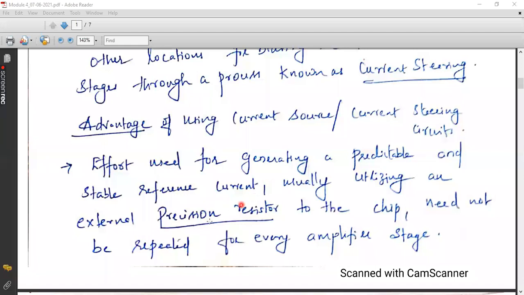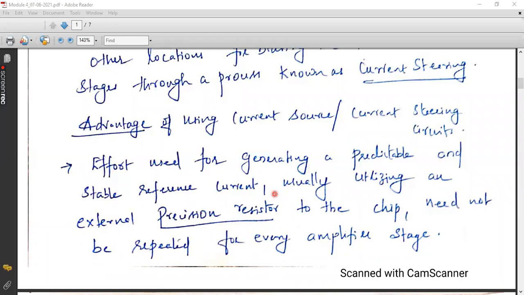And for generating that biasing current, we are making use of an external power supply as well as a very precise resistance according to our design equation, and that will be allocated to one stage. But what will happen if that IC consists of n number of amplifier stages? Then we can't replicate the same design again and again for each stage, right?